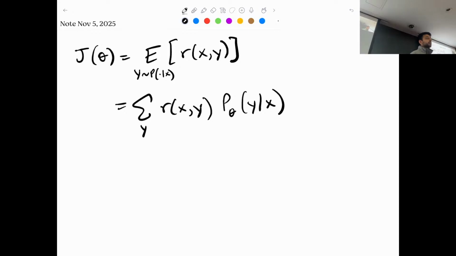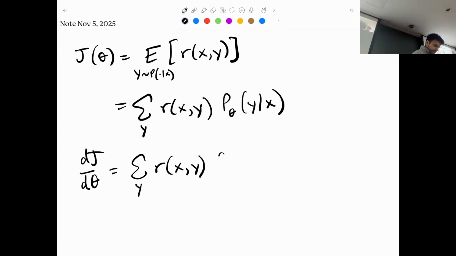And then we want to differentiate this thing and take gradient updates to increase the probability of high reward outputs, decrease the probability of low reward outputs. So we wrote the gradient of this J function as r(x,y) times the gradient with respect to theta of this thing.